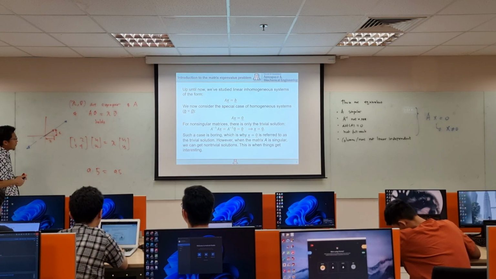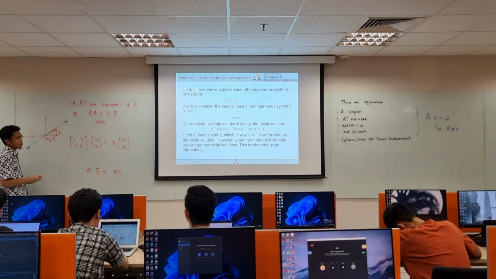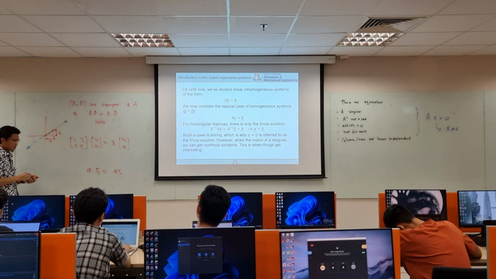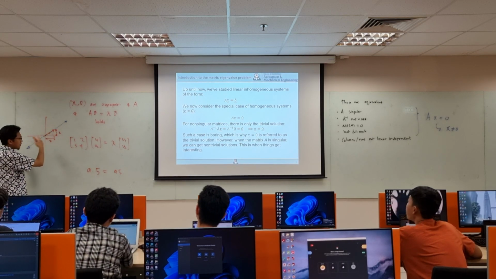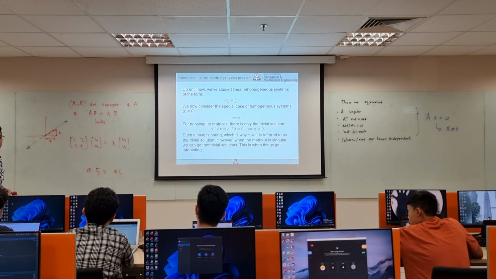If lambda is between 0 and 1, then you get a shorter vector. So the eigenvector defines the direction.